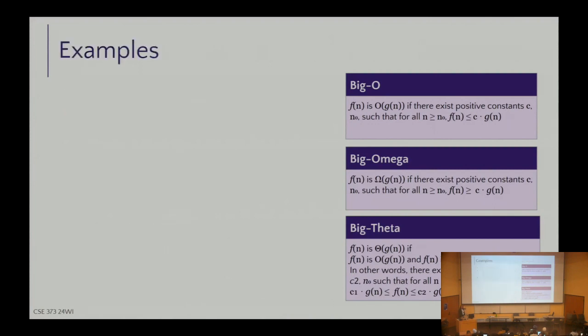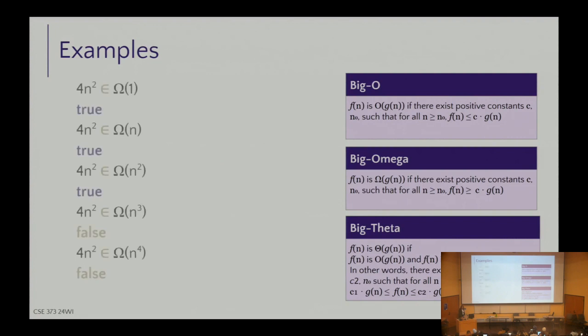Okay, so here, for example, 4n squared is lower bounded by omega of constant. That makes sense, right? 4n squared is going to be the n squared class. It'll be lower bounded by constant, also by linear, and technically also by its own complexity class.